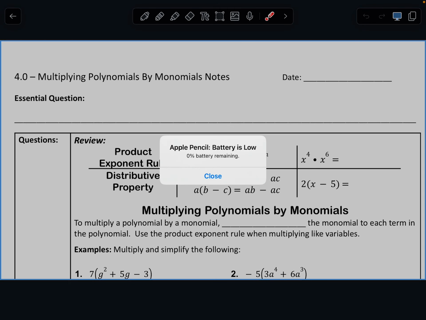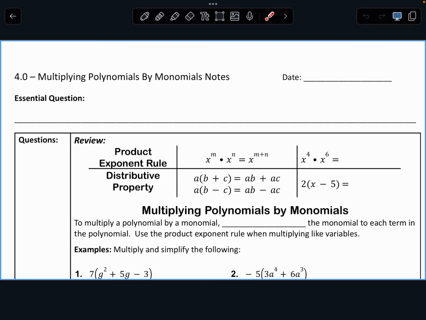So when we multiply variables with exponents on that first line, x to the m times x to the n, where it says product exponent rule, what we're doing is we just add the exponents. So like in the example, if I have x to the fourth times x to the sixth, what do I end up with?